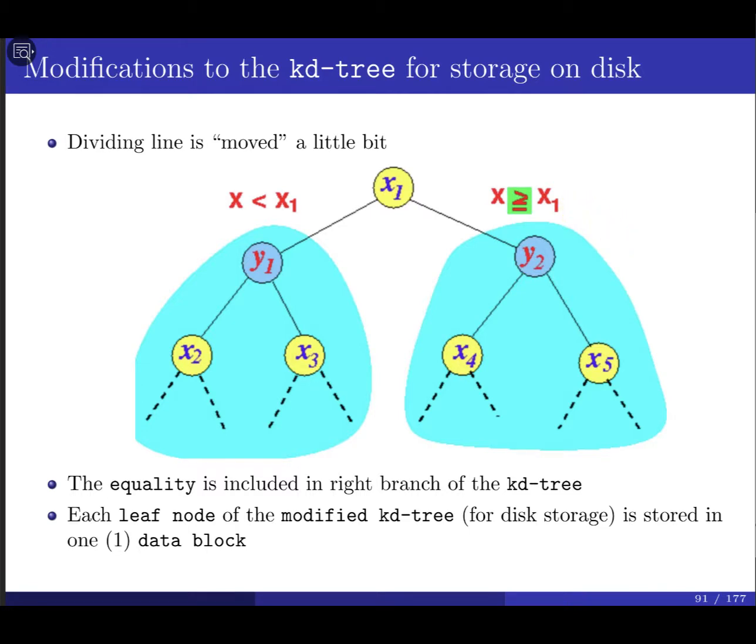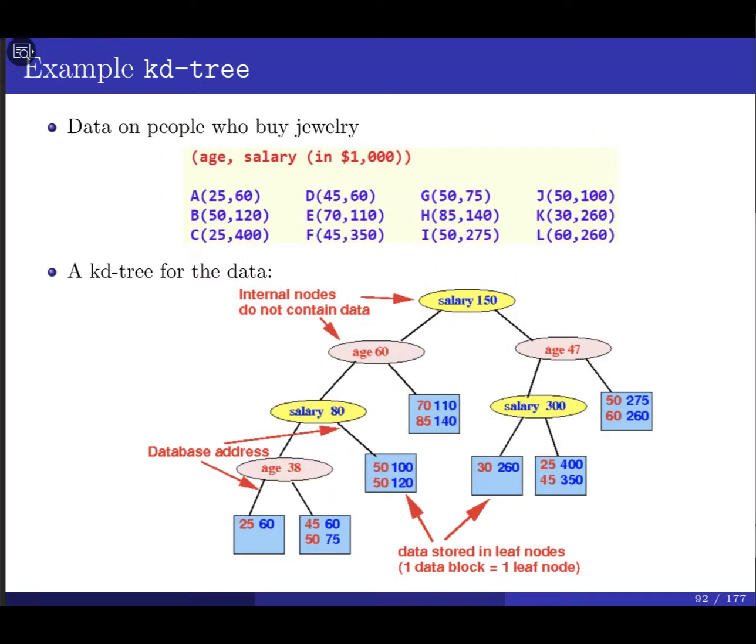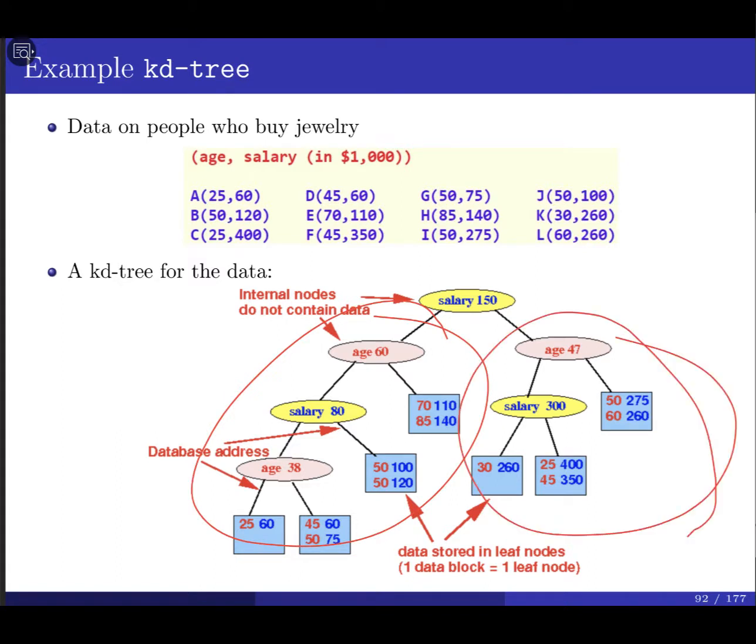So all the salary values less than 150 are in the left subtree, and the right subtree must be greater than or equal to 150. The same property holds while you traverse down the tree.